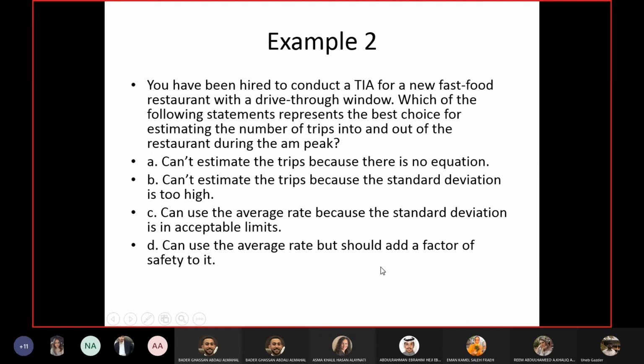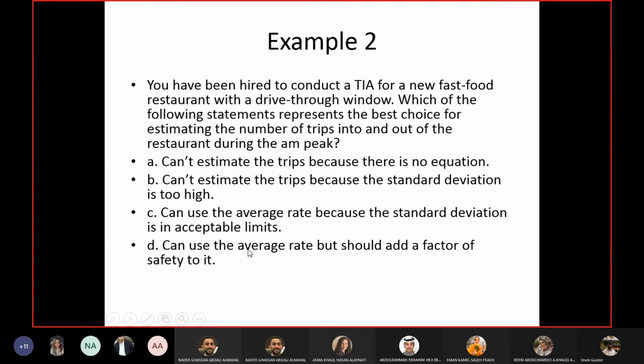Now we haven't discussed it, so you can say that maybe if equation and trip rate both are unacceptable, both are not fulfilling the criteria of R square and the standard deviation, then maybe this can be a choice. Somebody says, okay, we don't have a customized equation. We do not have the time to do our own analysis and make our own equation. You have to use something from the ITE manual.